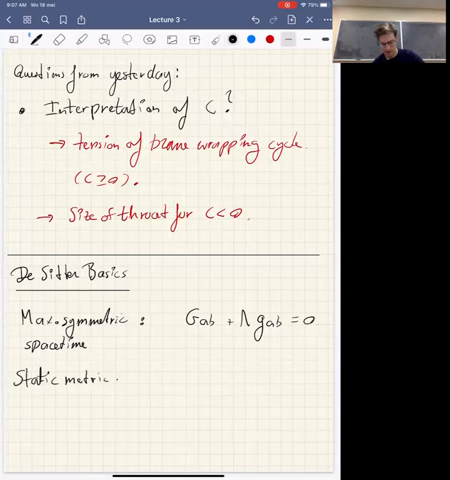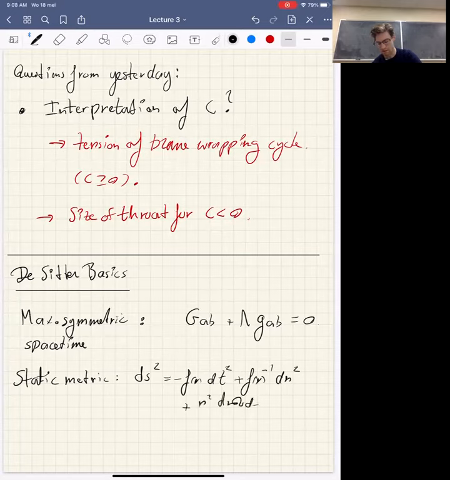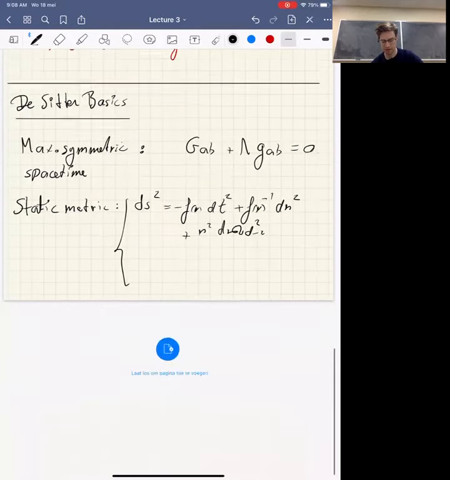In the static metric, the metric looks as follows. It takes a similar form as, for example, a Schwarzschild black hole. We have this function f of r appearing in front of the dt squared and the dr squared coordinates, and then we have the round metric of a d minus 2 sphere here. And this function f of r is given by the following.